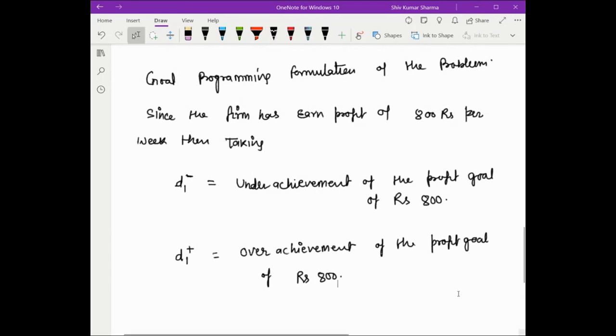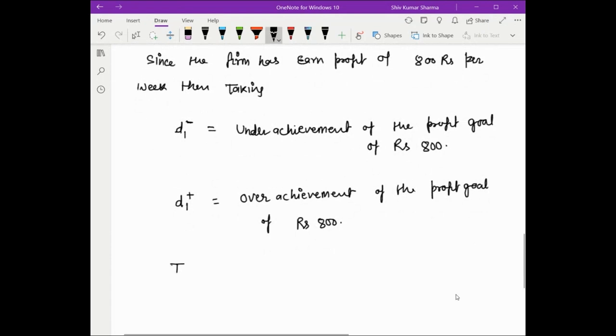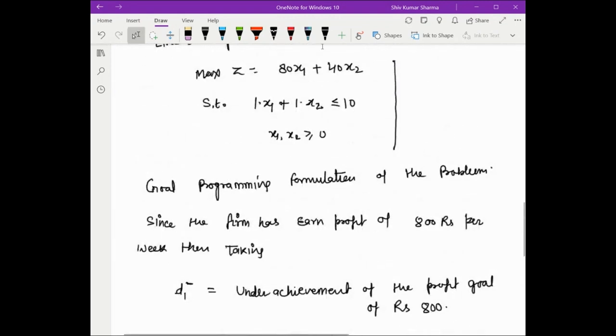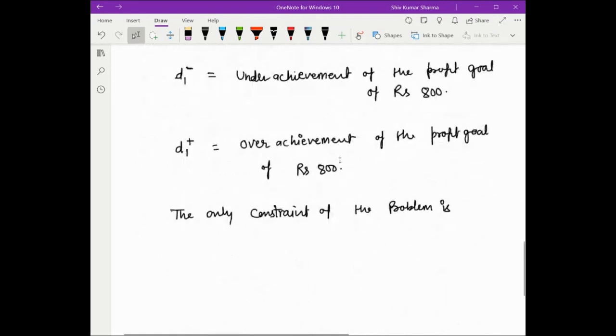So what is the constraint of the problem? We make the constraint: 80x1 plus 40x2 plus d1 minus minus d1 plus equals 800 rupees.